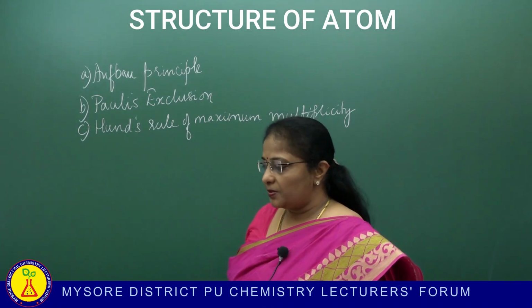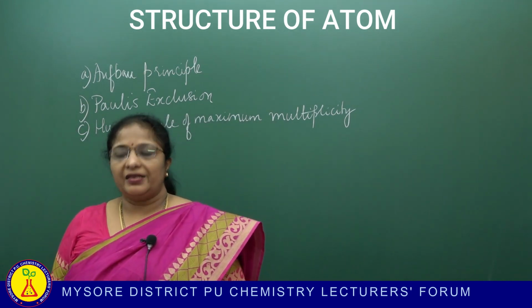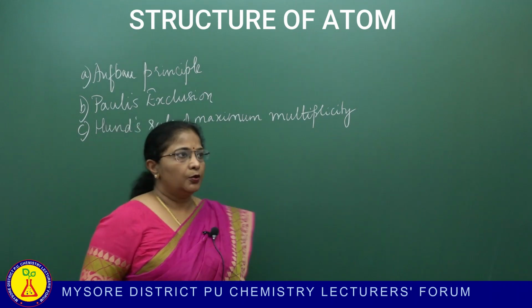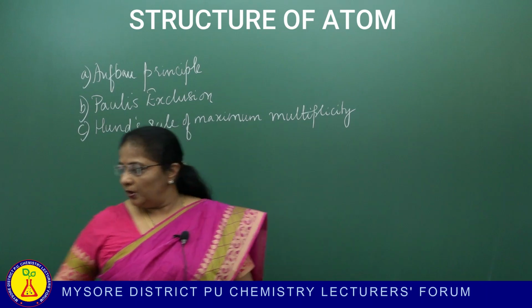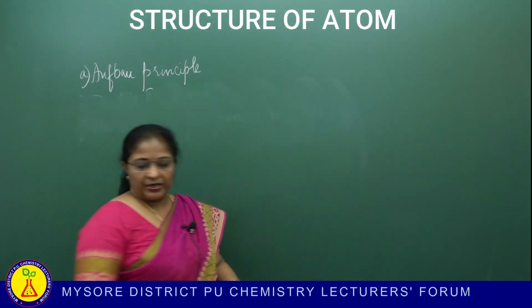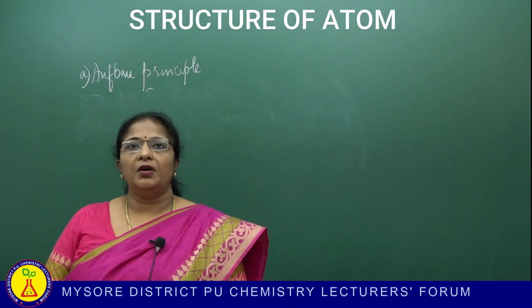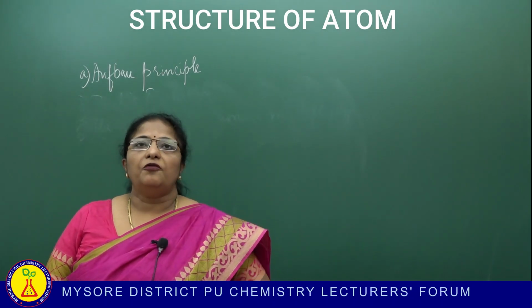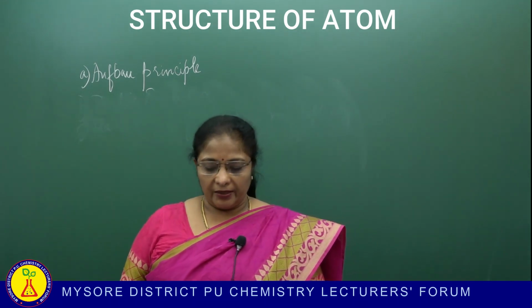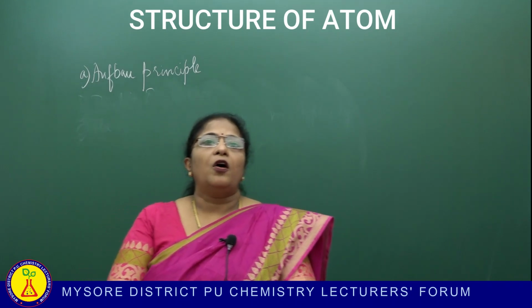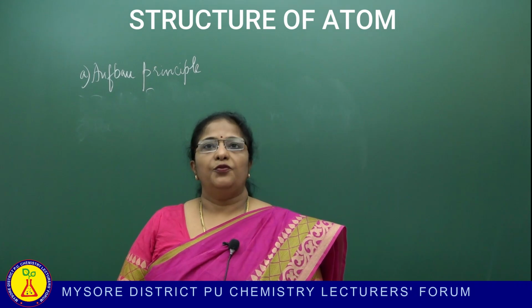Now Aufbau's principle is actually based on what is called the n plus L rule. What is meant by the n plus L rule? First let me tell you what is meant by Aufbau's principle, and then we will talk about the n plus L rule. Aufbau's principle states that in the ground state, the electrons start occupying the orbitals of lowest energy first.